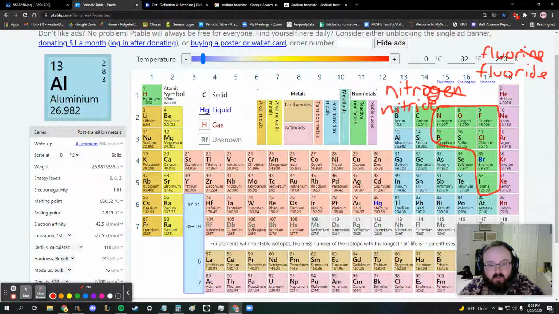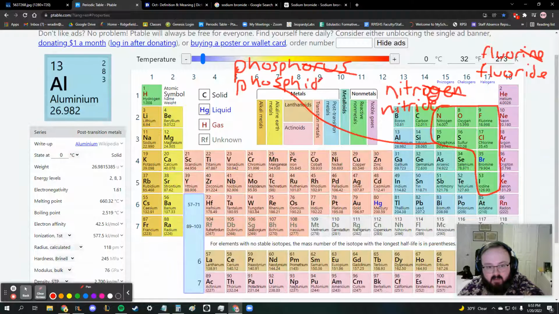For phosphorus, we get rid of the ending here, and we will use phosphide. Like that.